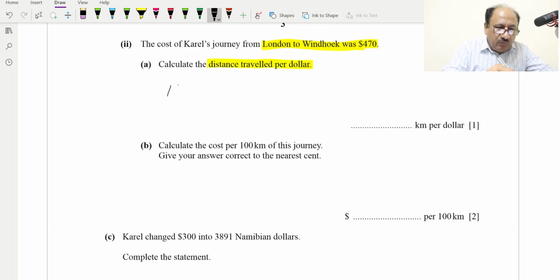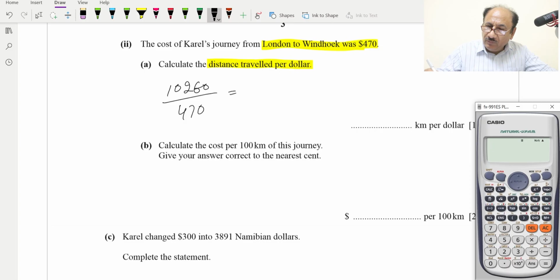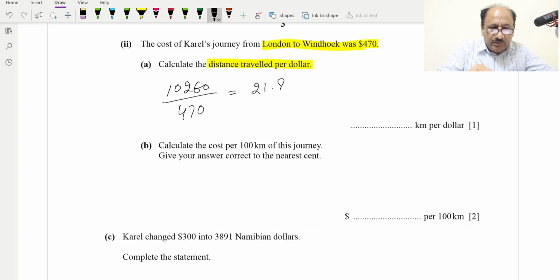Distance covered is what? 10260 is the distance covered, and dollars spent are 470. So this calculation will be 10260 divided by 470. This will be equal to 21.83, and we can write the answer over here as 21.8 up to 3 significant figures.